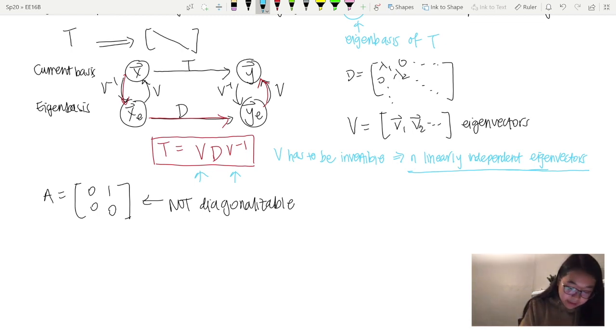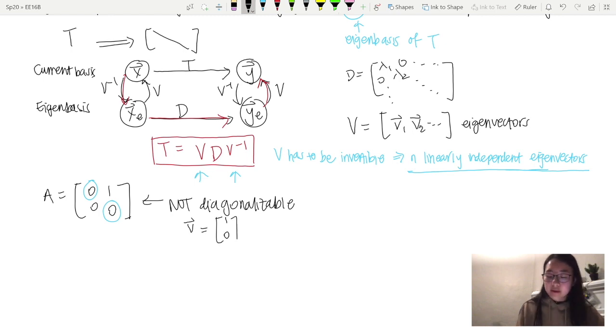So you know that the eigenvalues are 0 and 0, which means that it is repeated. But with repeated eigenvalues, you only have the same eigenvector in this case. So the only eigenvector you have is 1, 0. There aren't two linearly independent eigenvectors. And because of this, V is not invertible.